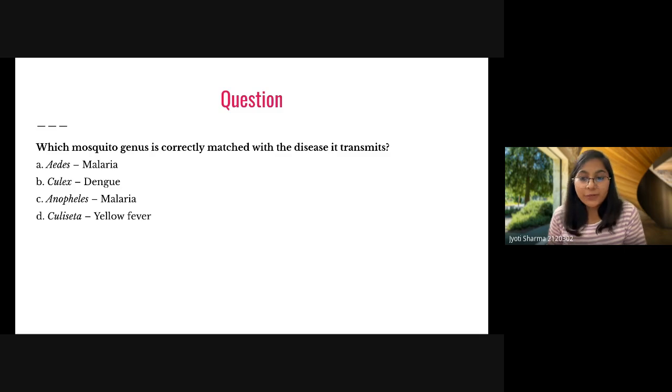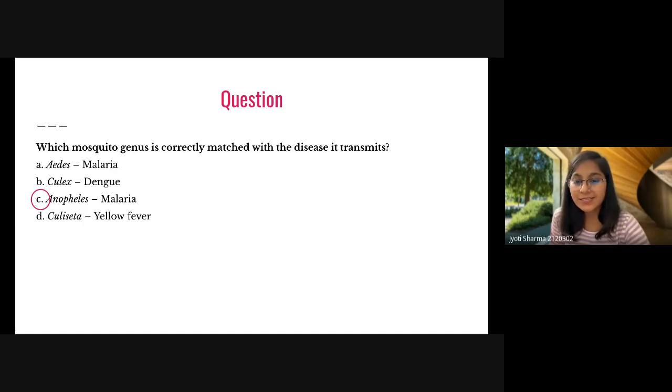Anopheles is what gives you malaria. This is a very common example, everywhere we hear that a mosquito is giving you malaria, and the mosquito giving malaria is Anopheles, right? So C is the right answer, that for malaria we need a particular mosquito genus, and that genus name is Anopheles.